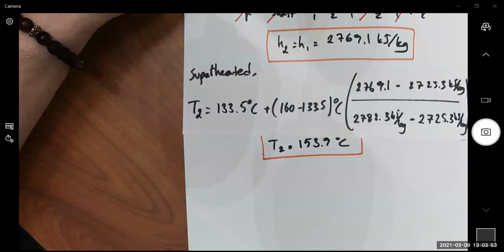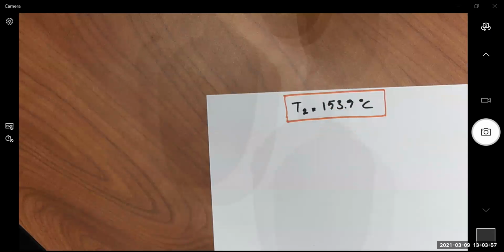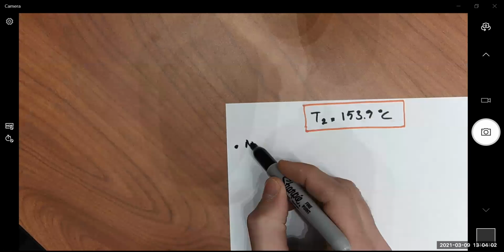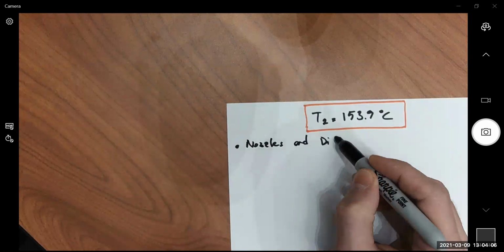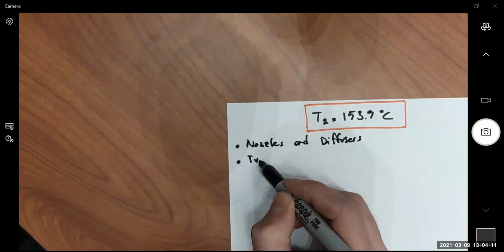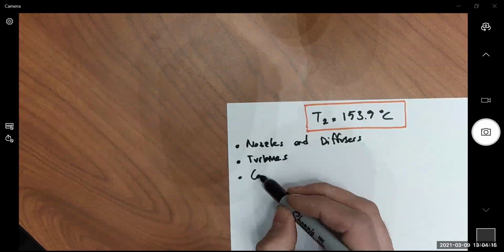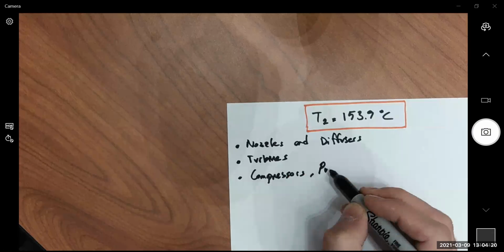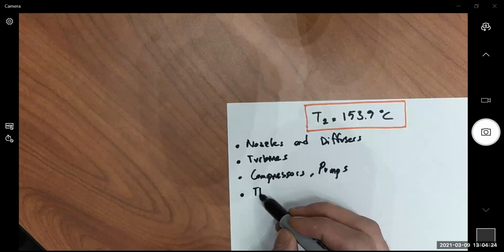Another question? Okay. All right. So we covered nozzles and diffusers, turbines, compressors and pumps, and we also covered throttles.